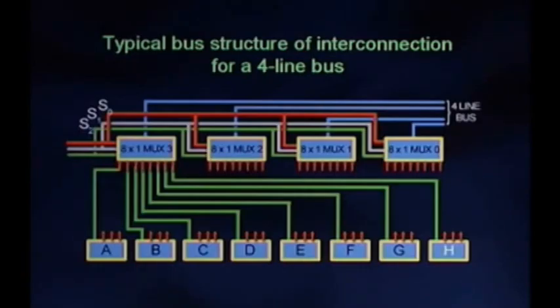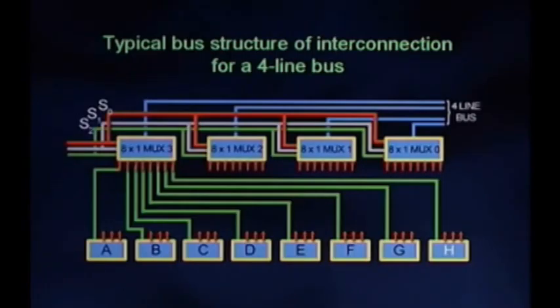As shown in the diagram, there are 4 multiplexers named MUX0, MUX1, MUX2 and MUX3. The 4 outputs of each of the registers A, B up to H are connected to one out of the 8 inputs of these multiplexers as shown in the diagram. The diagram shows the interconnection of only one multiplexer, that is multiplexer 3.